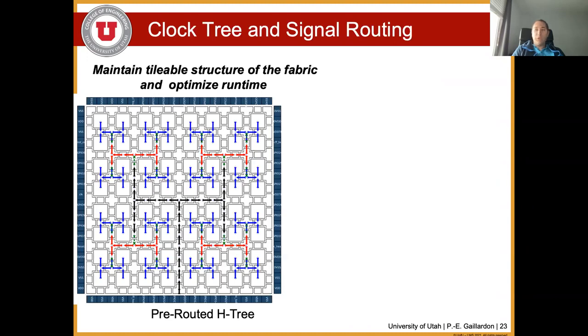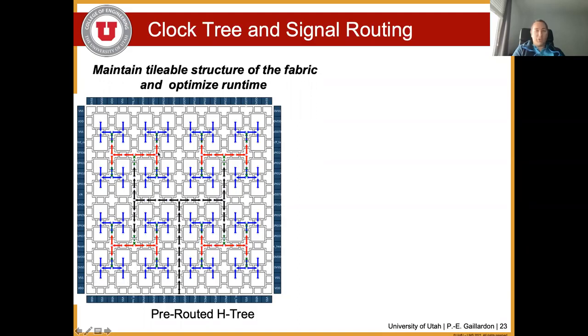One of the important features of this floor planning is also the pre-generation of clock tree and signal routing. We want to maintain a tileable structure of the fabric, so in the end this block is exactly going to be the same block as this one, and I do not want to have non-symmetries inside of my system. So I don't want to have weird unique shapes.